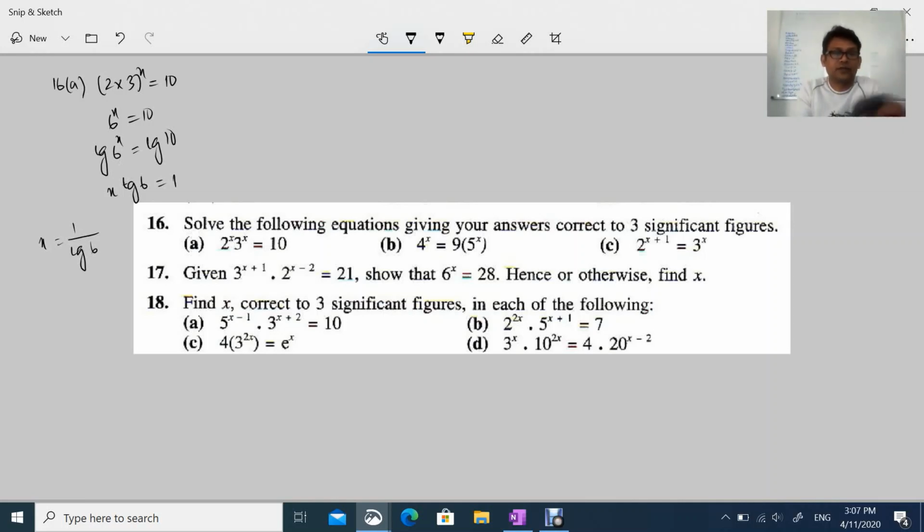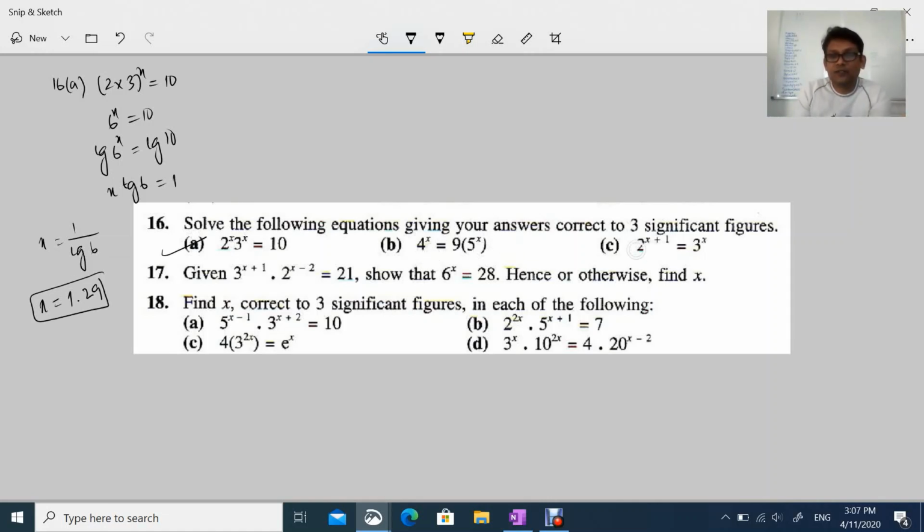And you can get the answer by calculating 1 divided by lg 6, log is the same. 1.285 means x equals, as we require 3 significant figures, so 1.29. This is our first result we have done.